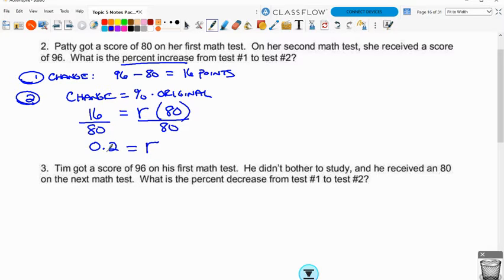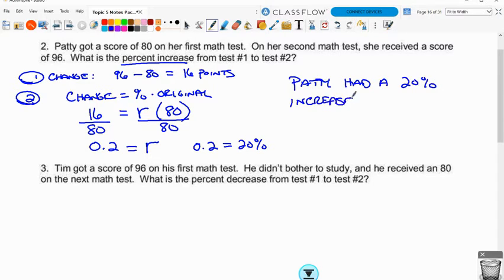But again, we need to take this decimal and convert it into a percentage. 2/10 is equal, move the decimal place once, twice, that's going to be 20%. So we can say Patty had a 20% increase in test scores.